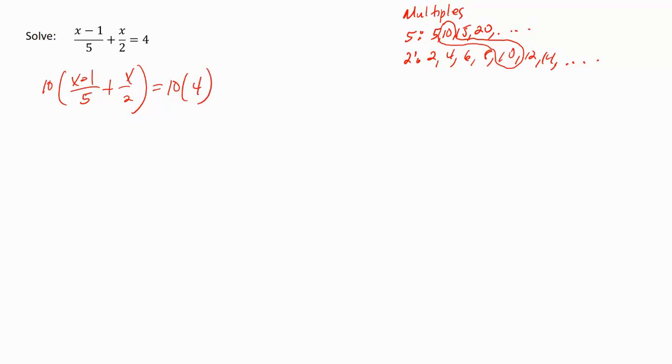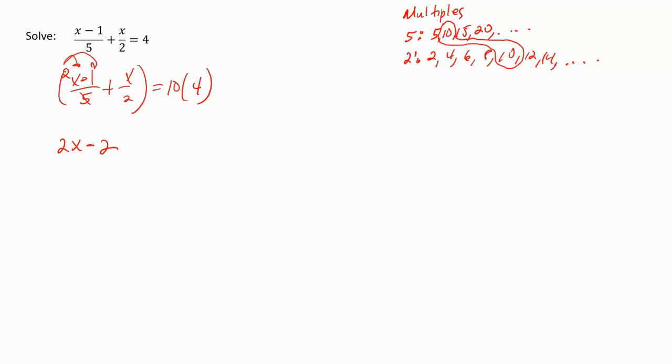When I multiply 10 by the first term on the left-hand side, the 10 and the 5 reduce to a 2, so I'm going to distribute 2. 2 times x is 2x, 2 times 1 is 2. Keep in mind that we are multiplying both sides by 10.